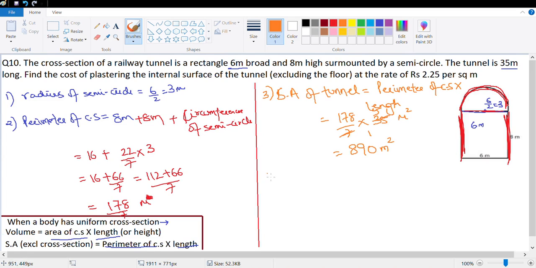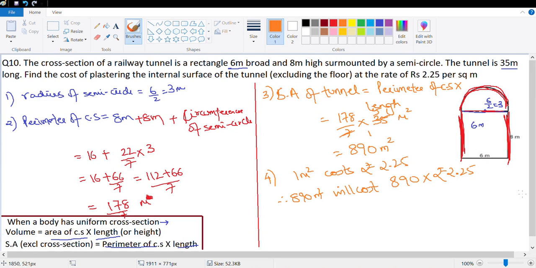Next part is simple. 1 meter square costs rupees 2.25. Therefore, 890 meter square will cost 890 into rupees 2.25. Let's multiply.